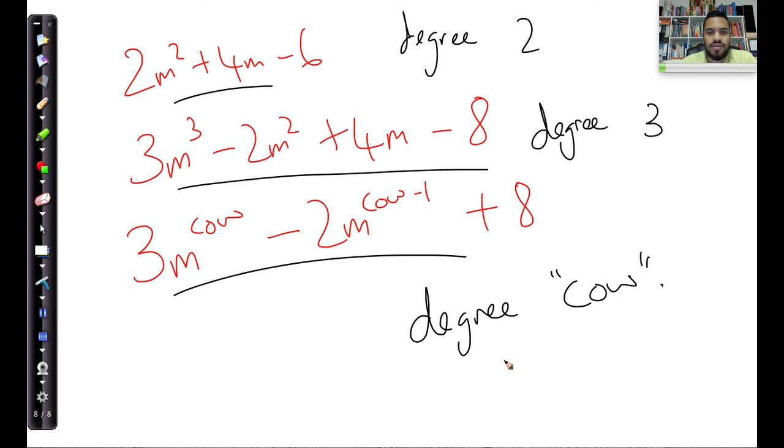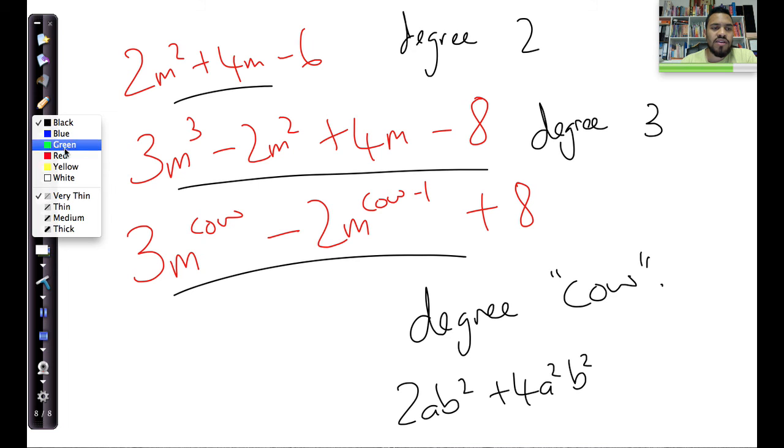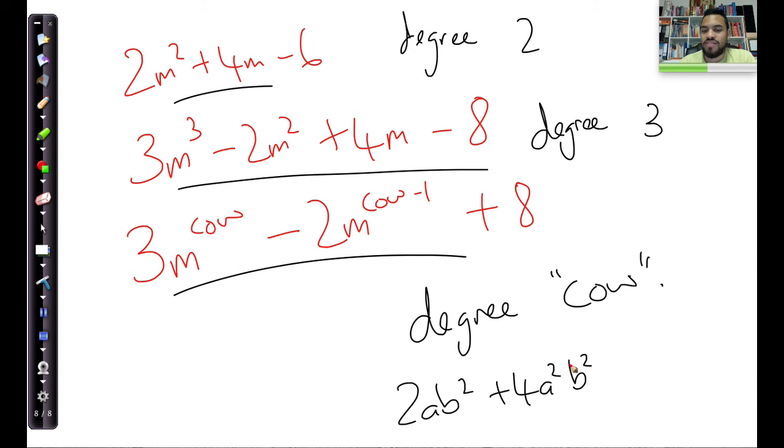Right. Okay. I'm not going to complicate your life by talking about multivariable polynomials and their degrees. For example, if you had 2ab squared plus 4a squared b squared. In fact, I may as well speak about it. The degree of a polynomial where there is more than one variable will basically just be the sum of the powers of the highest term.